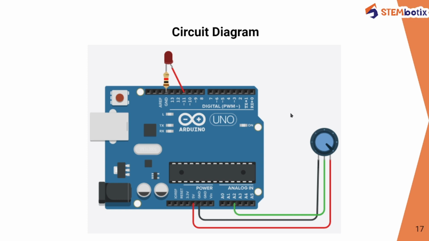Means the data read from the analog pin will be given to the LED, and after that, data from the microcontroller will change its brightness, means as off, on or dim. So the LED is connected to pin number 11, and the cathode of the LED is connected to the ground via a resistor.